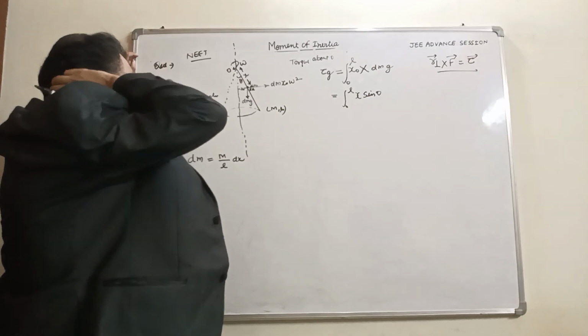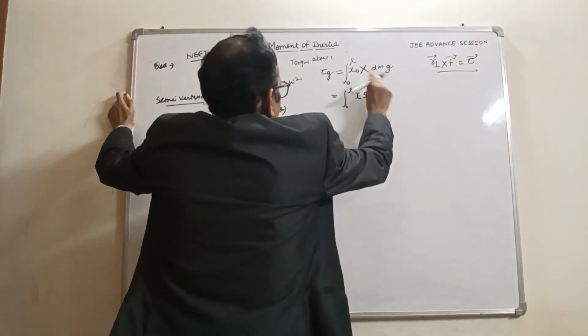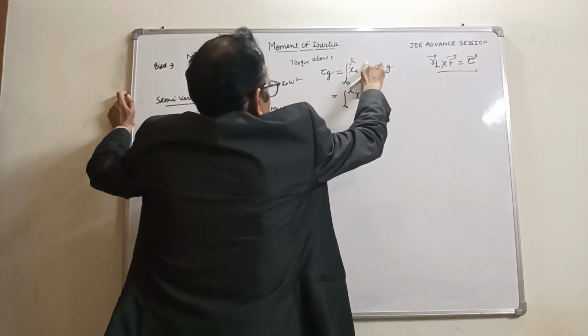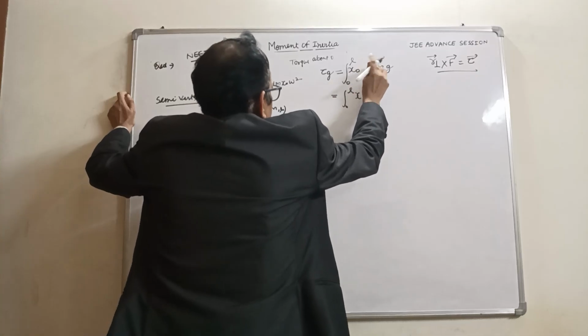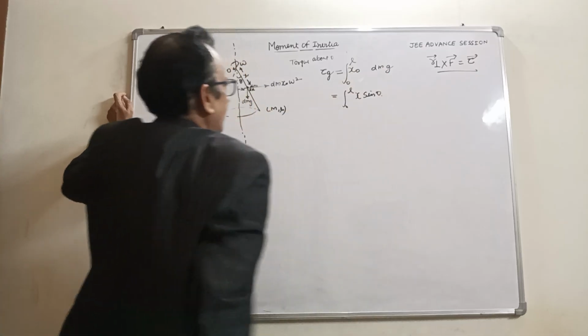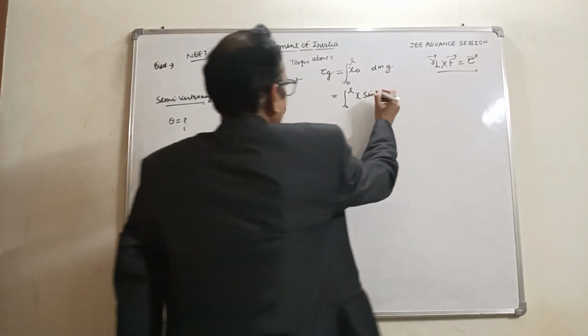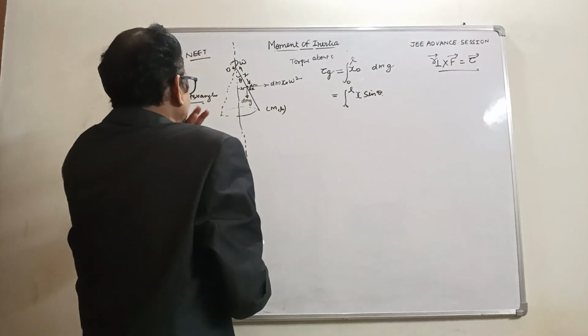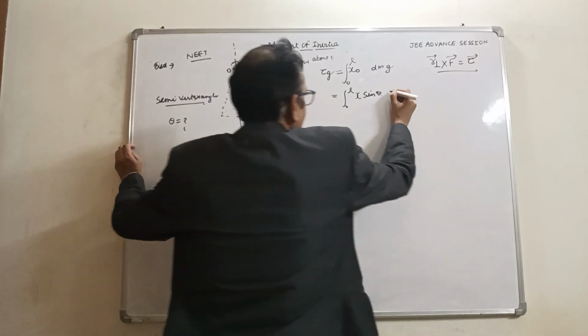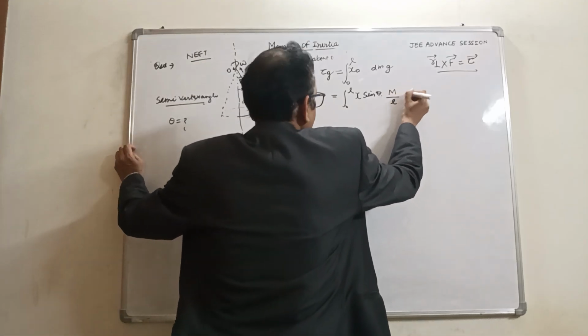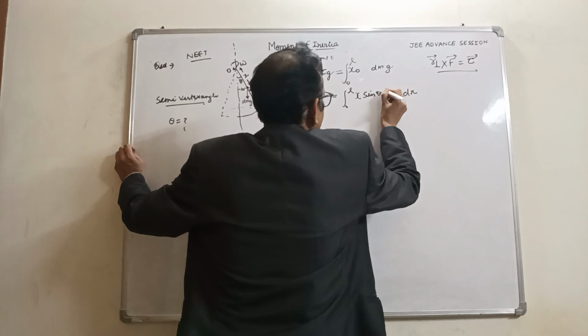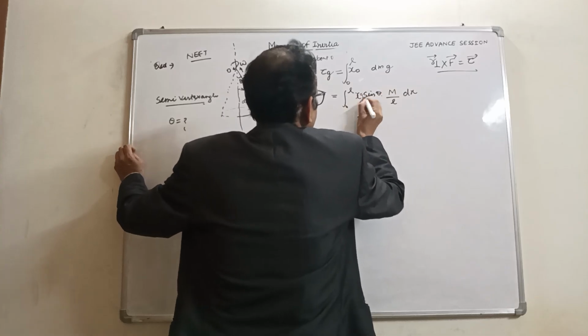So we write here x naught dm g, so we don't get confused. So x sin theta, and dm would be m by l into dx, m by l into dx into g. So here we write x g.